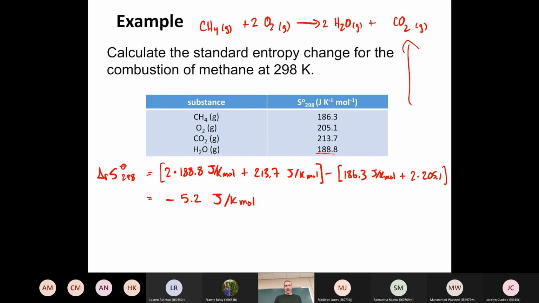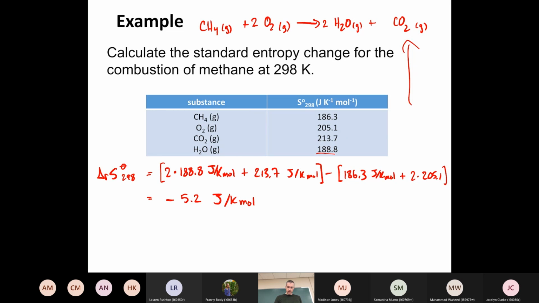If it's generating gas, then it's definitely going to be a positive delta S. If it's consuming gas, the number of gas molecules goes down, it'll have a negative delta S. And if you have the same number of moles of gas on each side of the equation, you expect a delta S value that's small, could be positive, could be negative, but probably pretty close to zero. And that's what it looks like we see here.